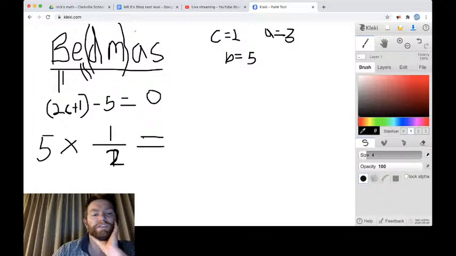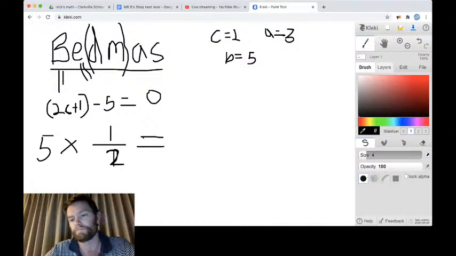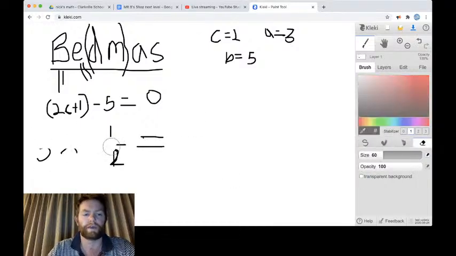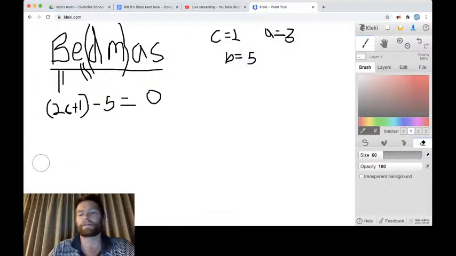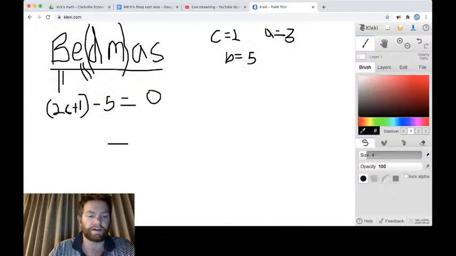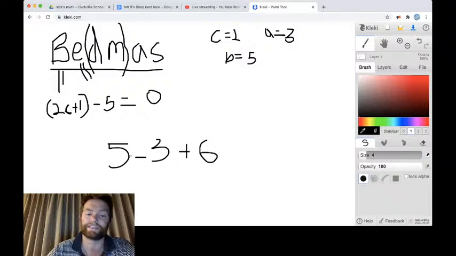And it's the same with addition and subtraction. Even though A comes before S in the BIDMAS, if a problem came up where you had something like 5 take away 3 plus 6, you wouldn't go, oh well, that addition is worth more because it comes in earlier, so 3 plus 6 is 9, 5 take away 9 is -4.